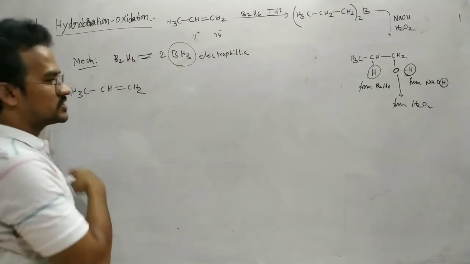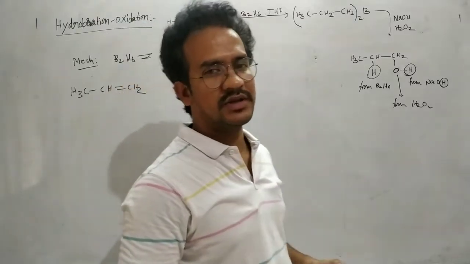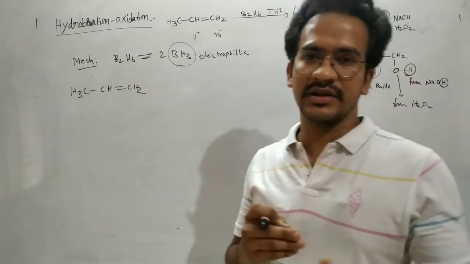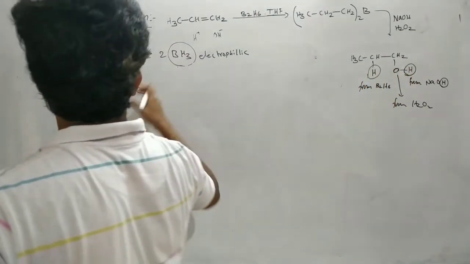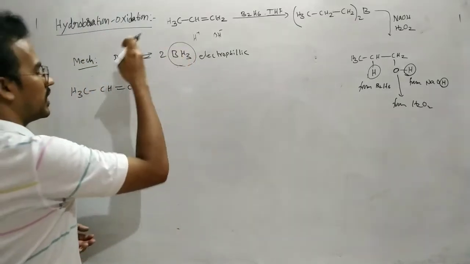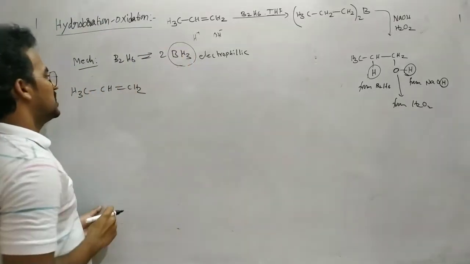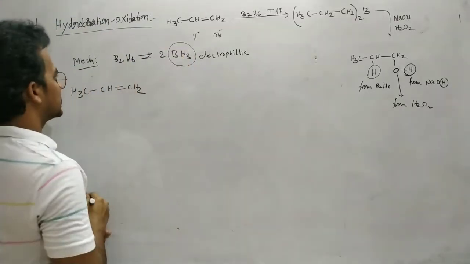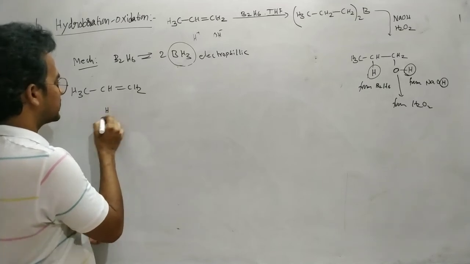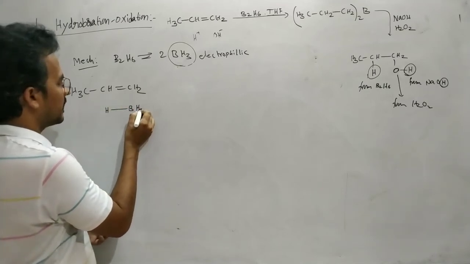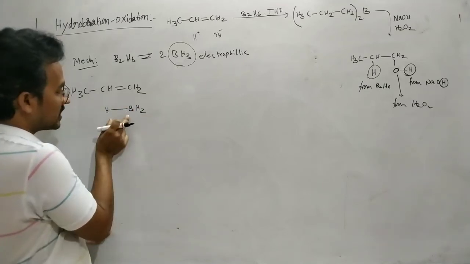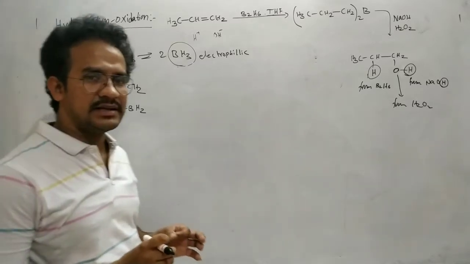The alkene is the electron rich species because of the pi electron density. So this electrophilic borane is attracted towards this propene. The hydrogen and BH2 bond is not a much polar bond, it is a very slight polar bond.